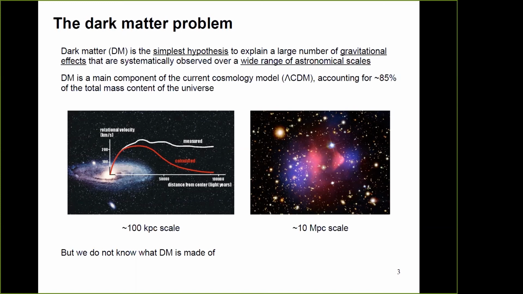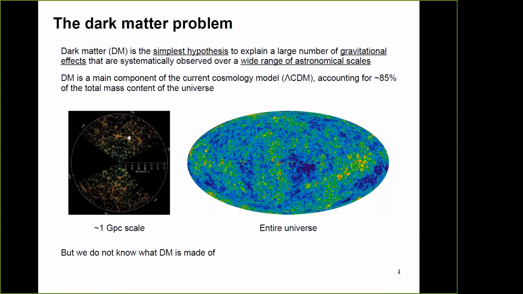These effects are observed over a wide range of scales, from galaxies to clusters of galaxies to the entire universe. So it's a consolidated concept in astronomy and astrophysics. We are very confident that it exists, but we don't know what this dark matter is made of.